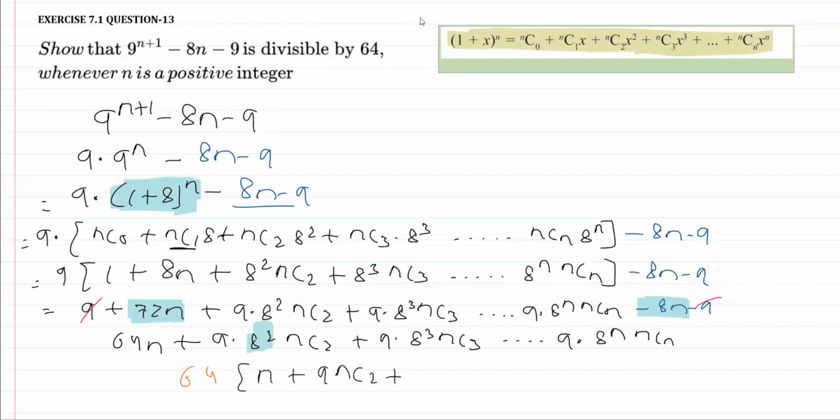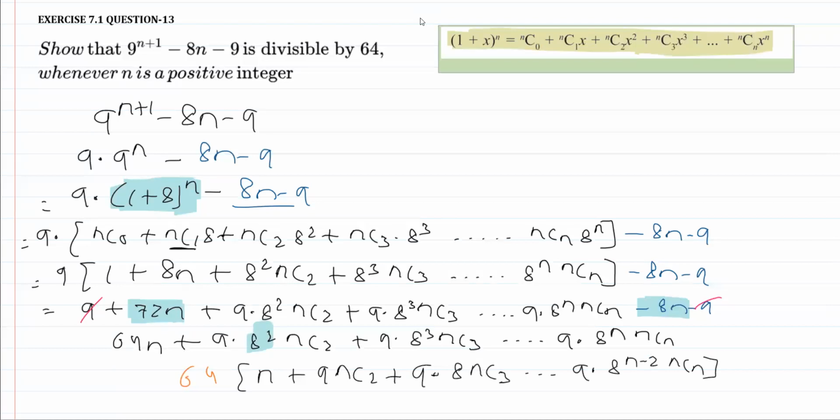And 64 is 8 square only, so each power will reduce by 2. So 8 cube will turn out to be 8 raised to the power 1 NC3, and so on, up to 9 dot 8 raised to the power n minus 2 NCn.